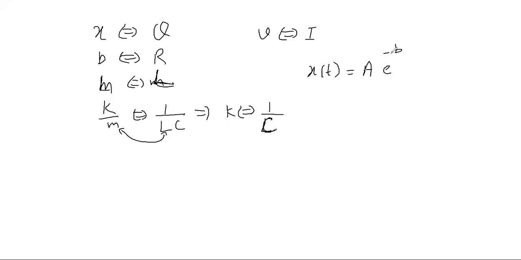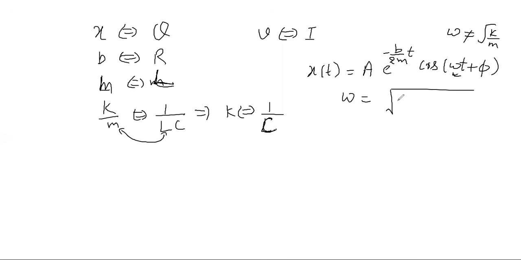A e raised to power minus b upon 2m t cosine of omega t plus phi. And remember, this omega is not equal to square root k over m. This omega was equivalent to omega naught square, which is k over m, minus b upon 2m whole square. And this solution was only in the case of underdamped oscillator.